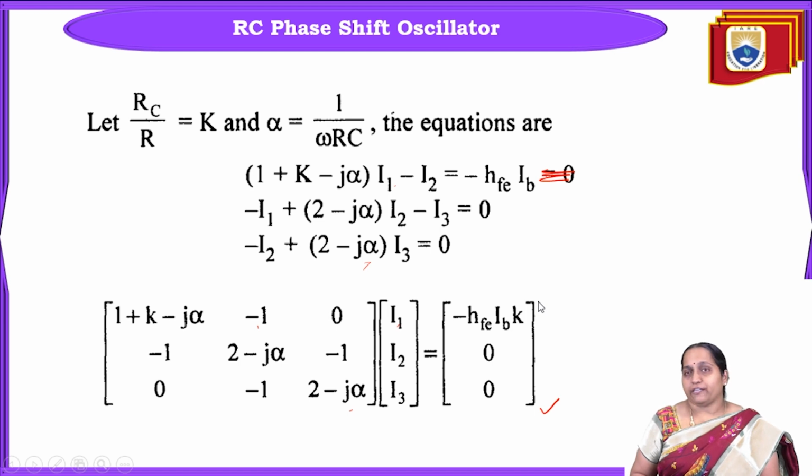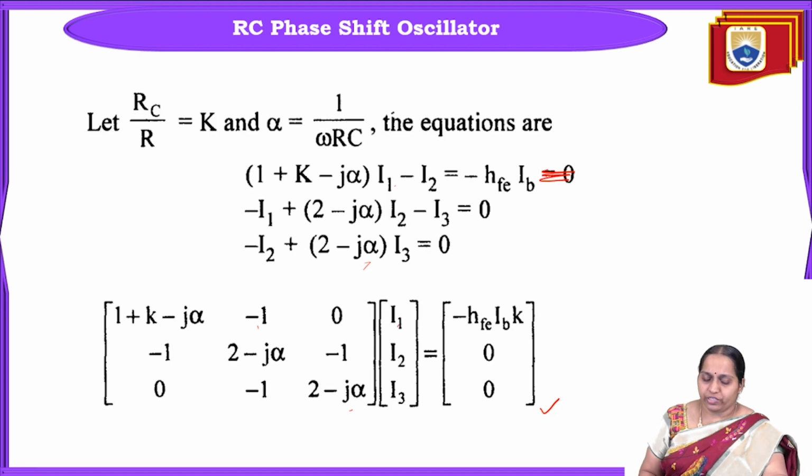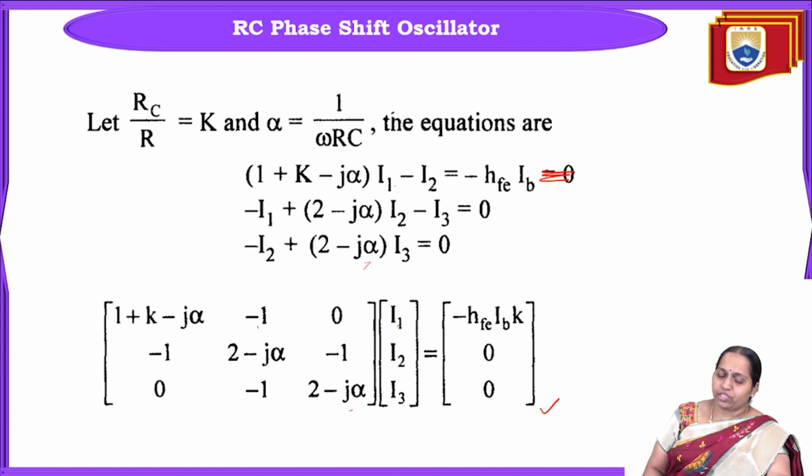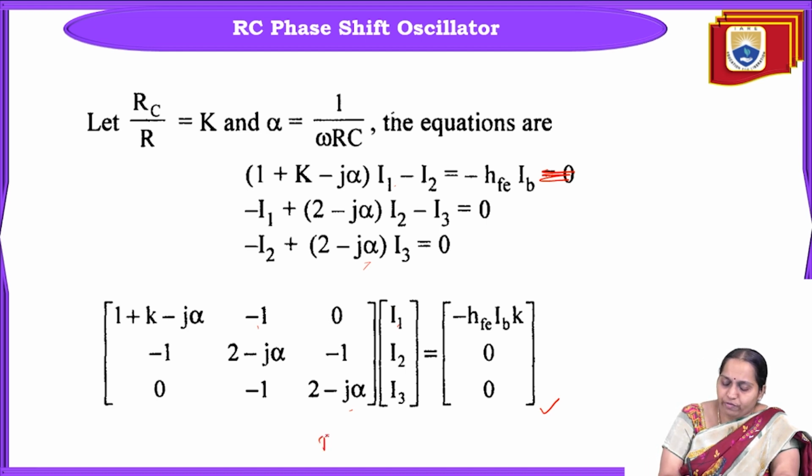Then, next, if you want to solve these equations, the general procedure is this. If you want to solve for I1, I1 equals 1 by delta into the determinant of the matrix formed by replacing the first column with this term.